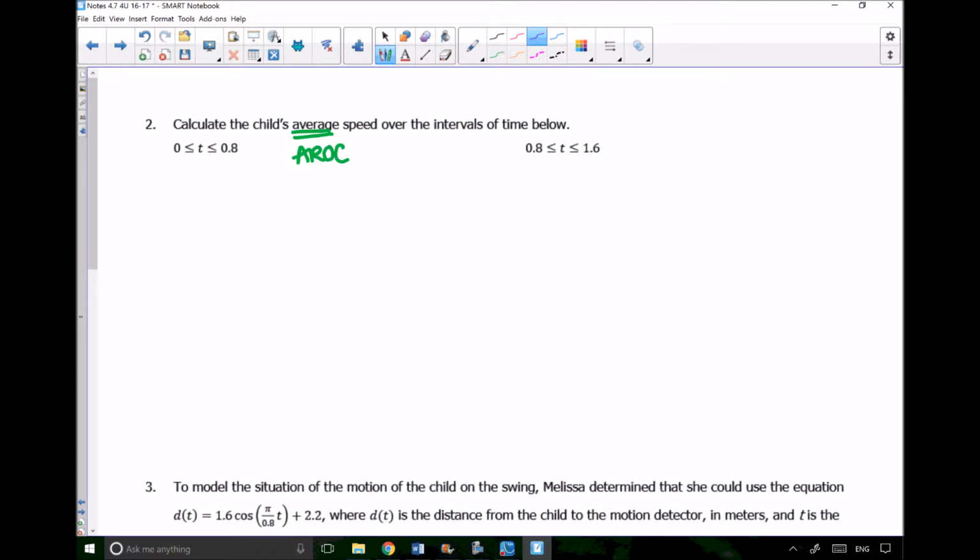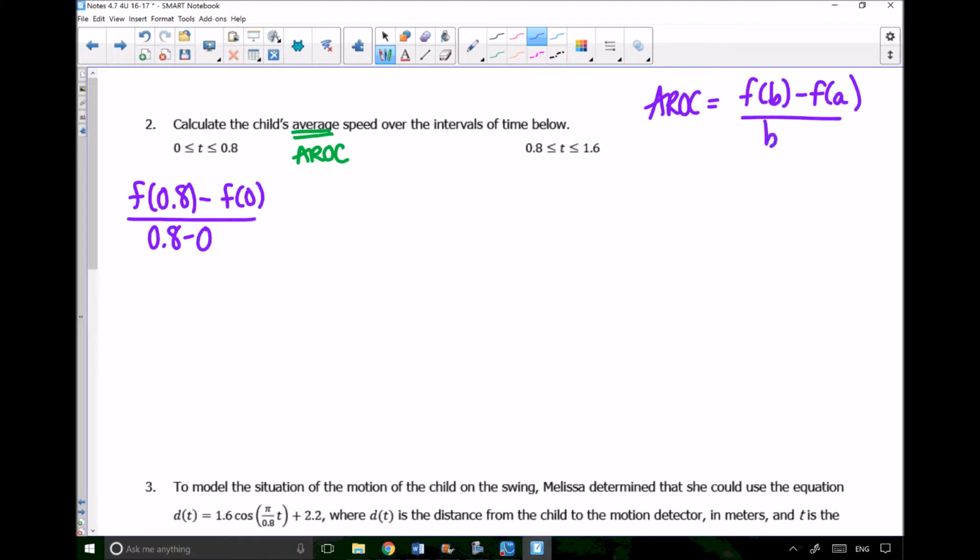In order to do that, I'm going to figure out f of 0.8 minus f of 0, all over 0.8 minus 0, because remember our AROC is going to be f of b minus f of a over b minus a. Now, I want to take the absolute value of this answer because we're talking about speed, and speed is always going to be positive, okay?